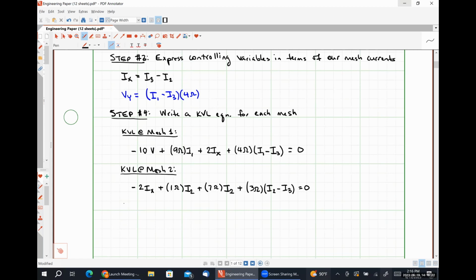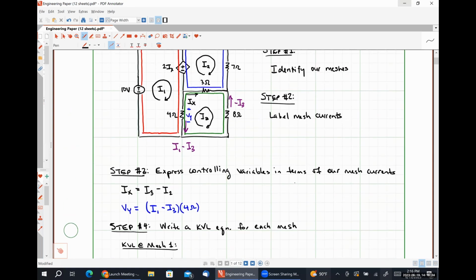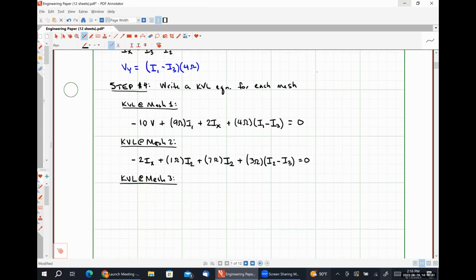Now we'll write our KVL equation for mesh 3. So starting from the bottom left-hand corner, the first thing we see is our 4 ohm resistor. So that's going to look like 4 ohms.